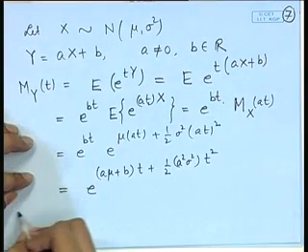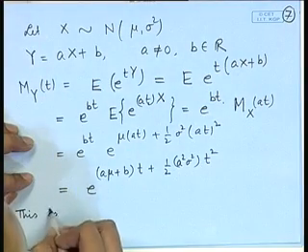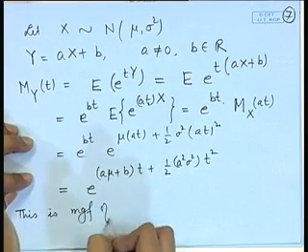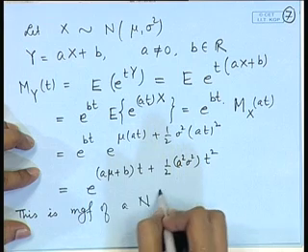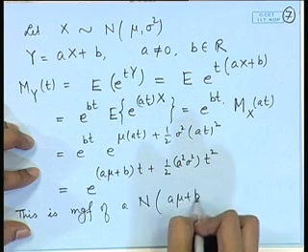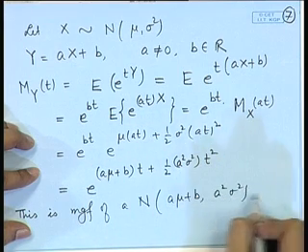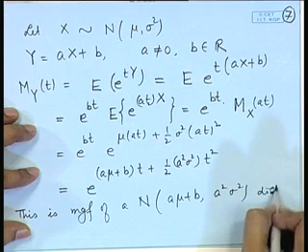So, we can say that this is the MGF of a normal(a mu plus b, a square sigma square) distribution.